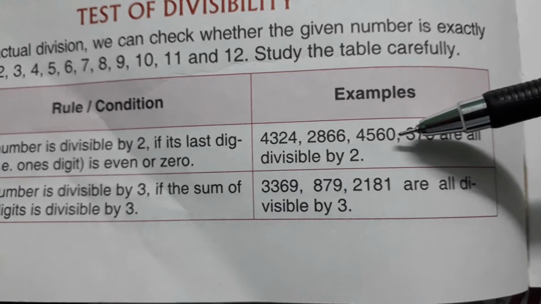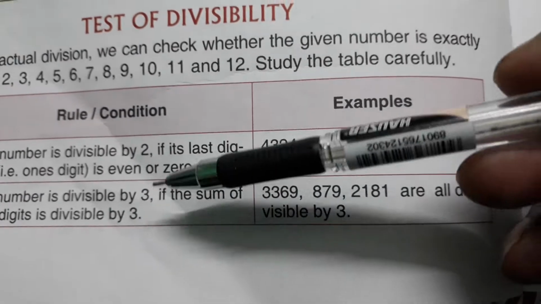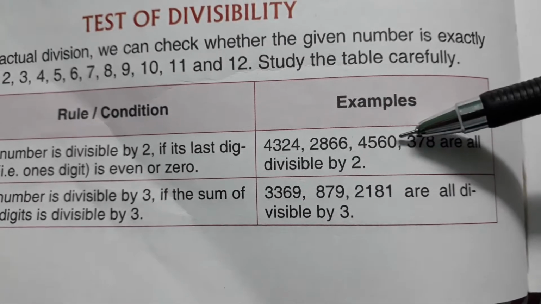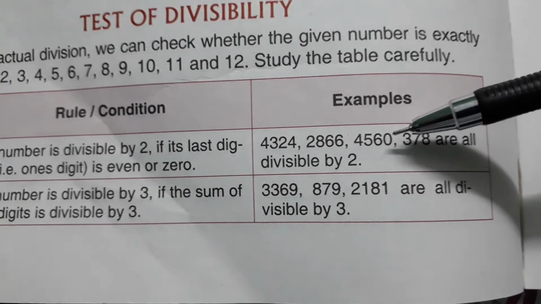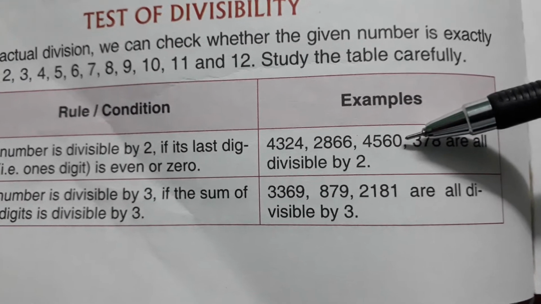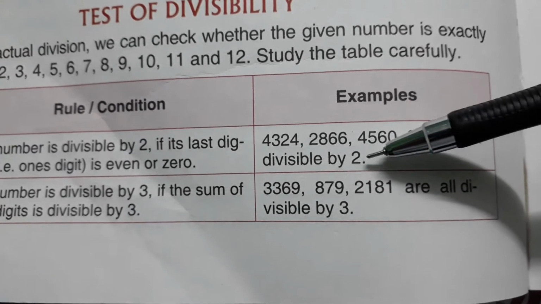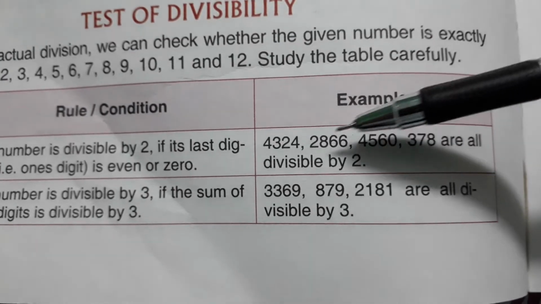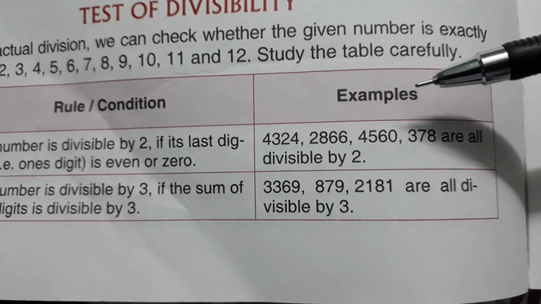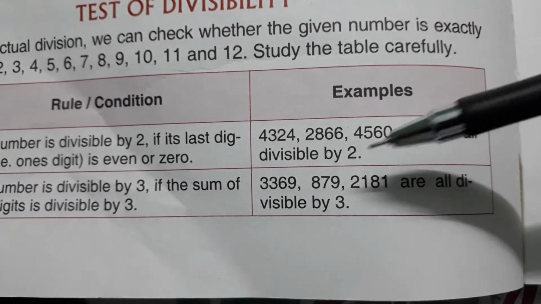Also 0, if the last digit is 0 it is also divisible by 2, as I said in the rule. In this example the last digit is not even, but it is 0. 0 is also divisible by 2. As per the condition, the last digit may be an even number or 0, then those numbers are divisible by 2.